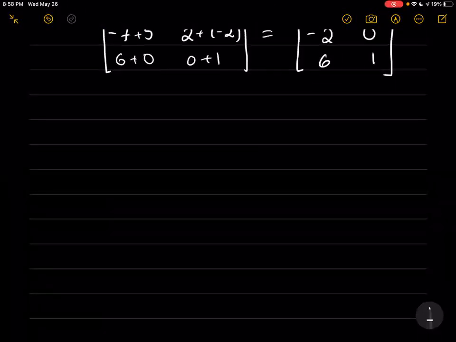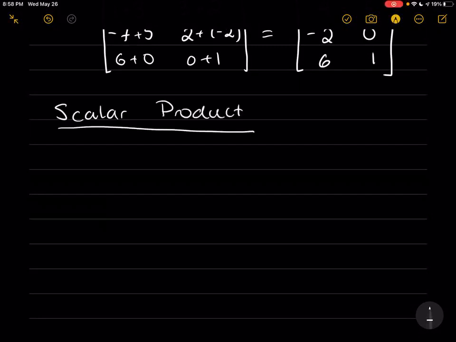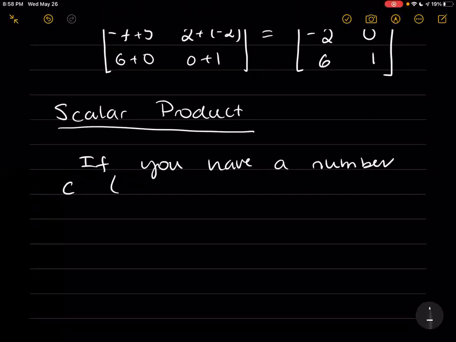The other simple thing that you can do with a matrix is what's called a scalar product to it. So what that means is if you have a real number of some sort, let's call it C. This is what's called a scalar when we're talking in matrix land.